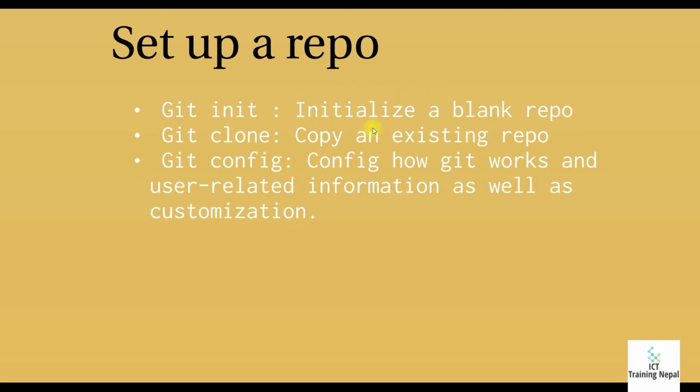If you have Git running on the computer, git init initializes the blank repo. The other one is git clone, which copies an existing repo. Git config is used to configure how Git works, user-related information, as well as customization.